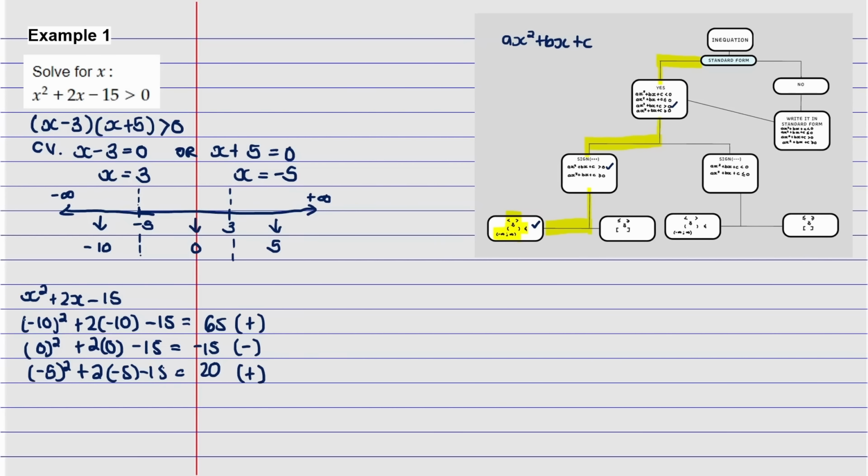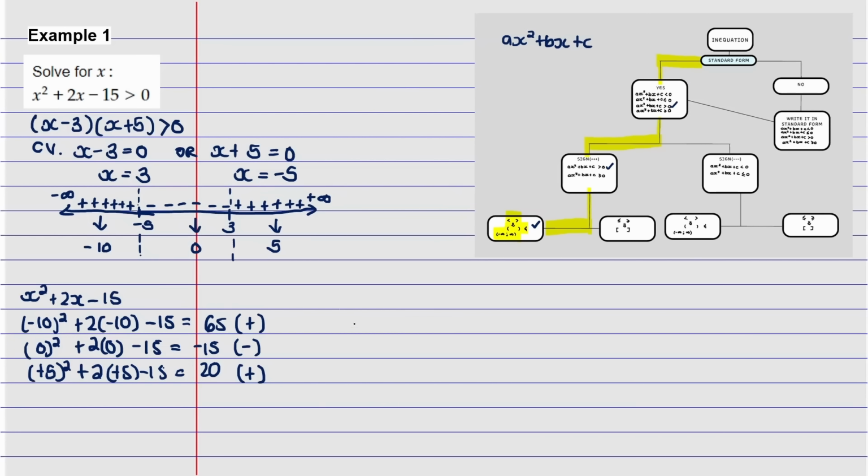So for negative 10, it's within this range, so we put positives there. Then between negative 5 and 3, we picked 0, so we put negatives, because the answer was a negative value. Then here it's going to be positives, because for positive 5, I made a mistake earlier, we get positives.